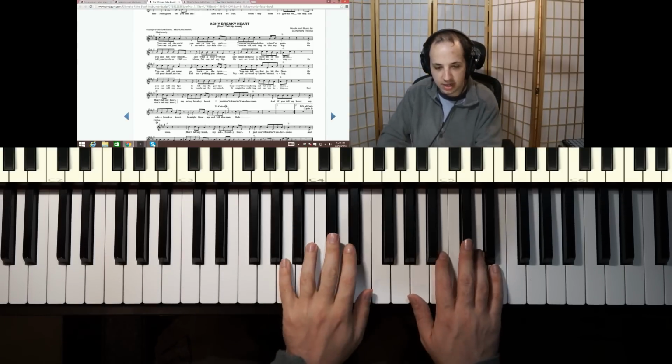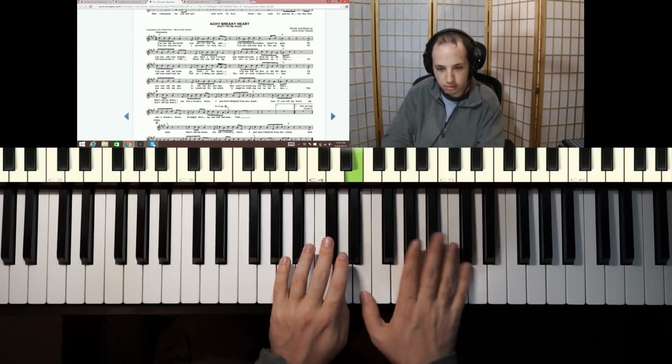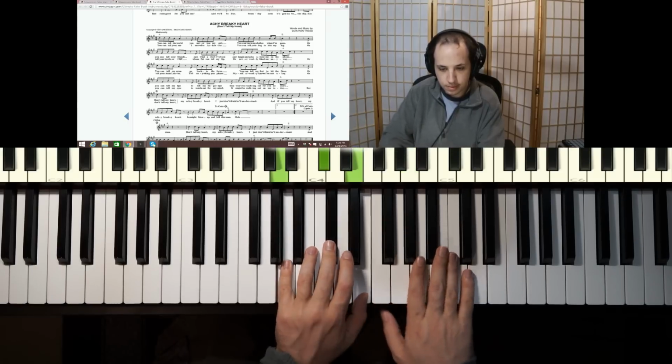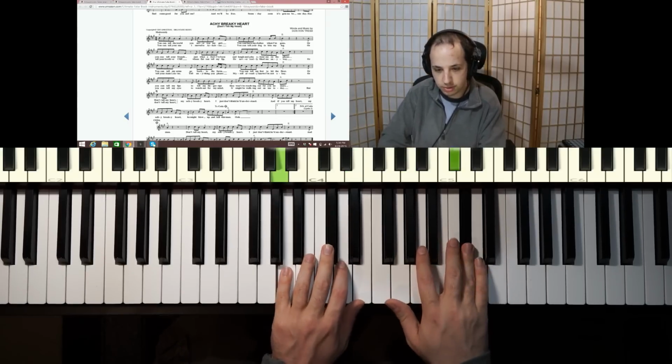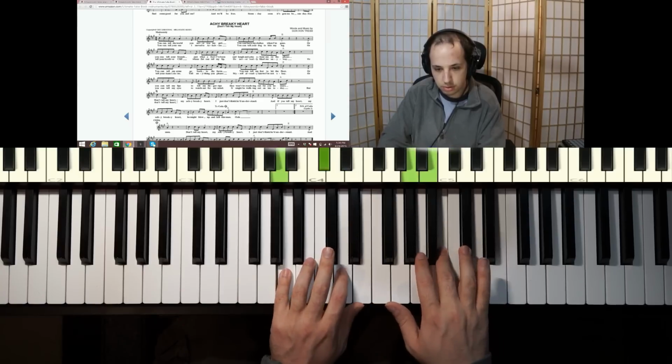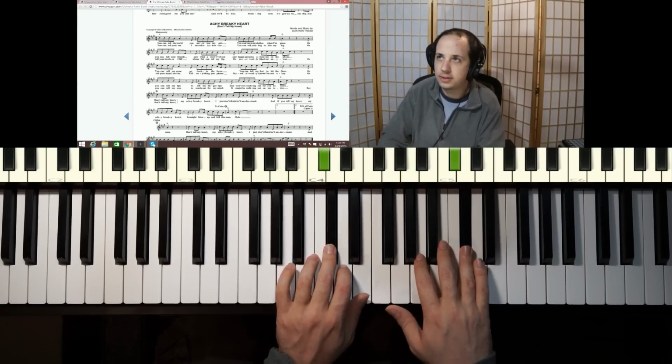Once you get good at it, you can give a little bit more rhythm to the chords, or you can play them as arpeggios. That's hard.